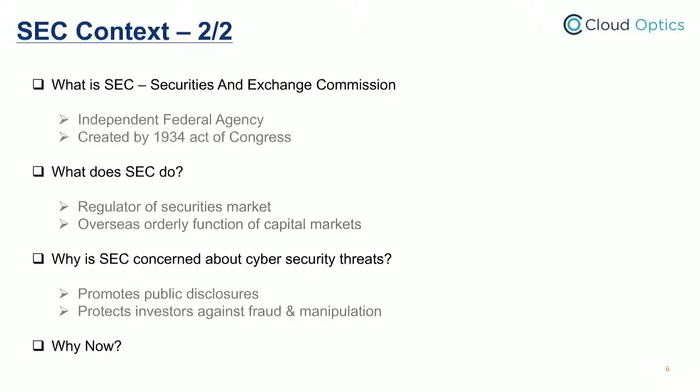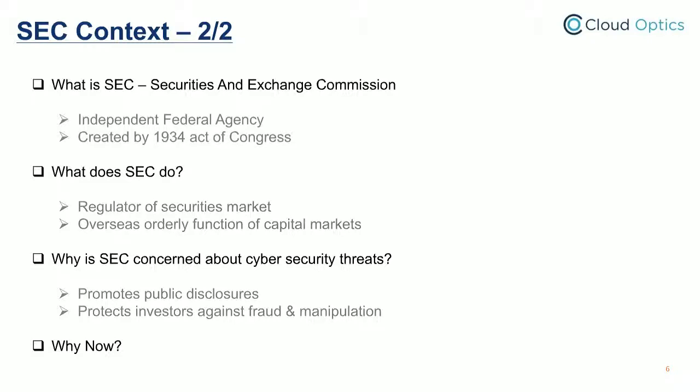This is how the SEC tackles the regulation of the securities market: by promoting public disclosures by companies, full and accurate disclosures, to build trust and avoid information asymmetry between the management of the company and investors at large.